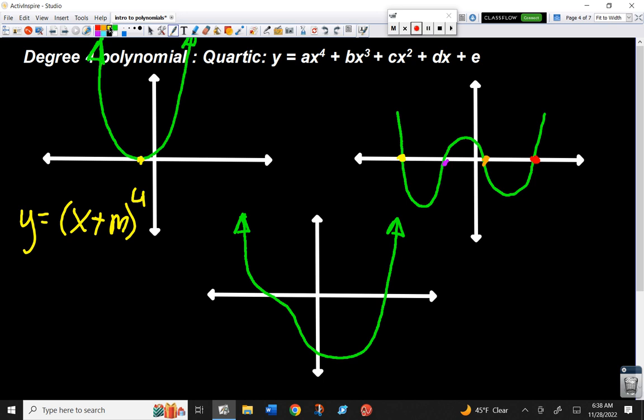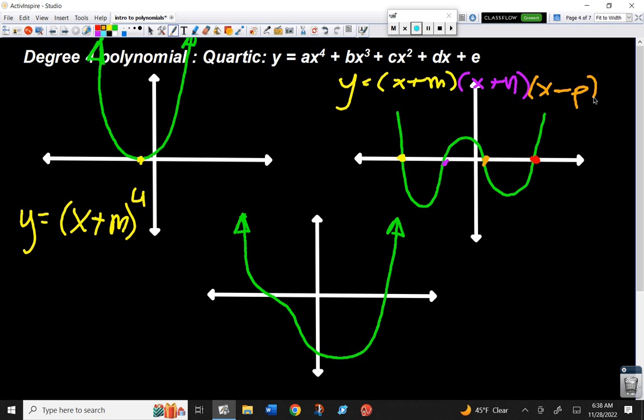It's going to start off y equals x plus m, right? That's a single root. And then the next one is x plus n. The next one would be x minus, I don't know, p.